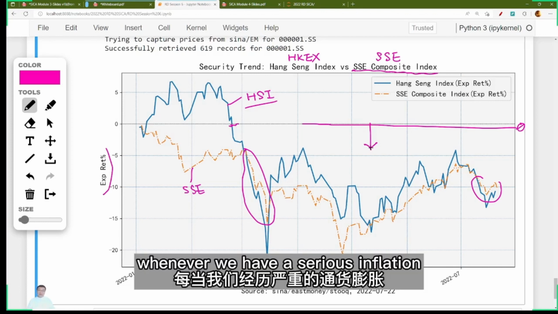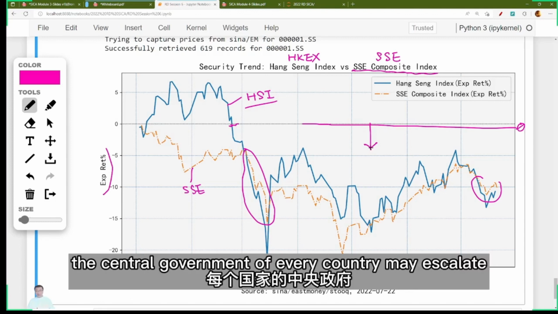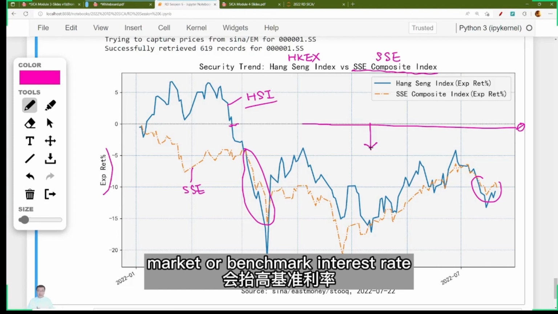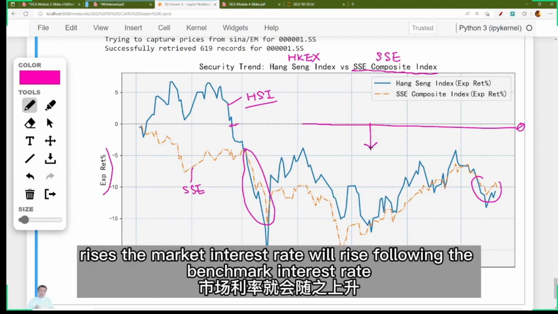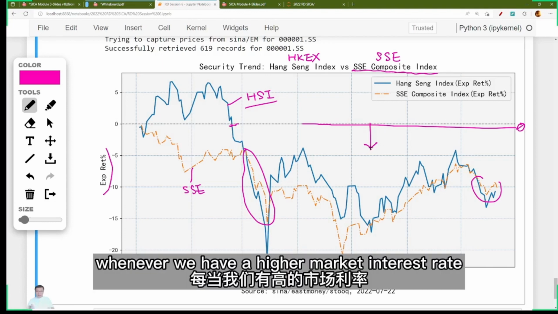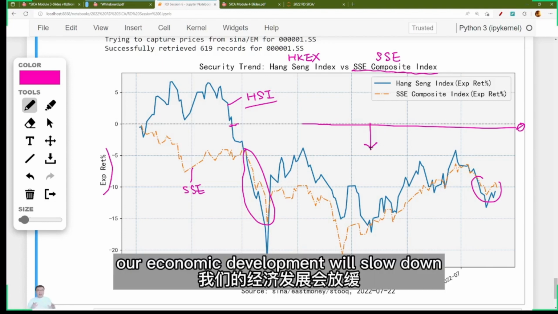Whenever we have an inflation, serious inflation, the central government of every country may escalate market or benchmark interest rate. Once the benchmark interest rate rises, the market interest rate will rise following the benchmark interest rate. And whenever we have a higher market interest rate, our economic development will slow down, right?